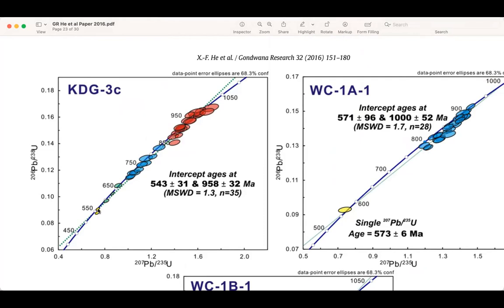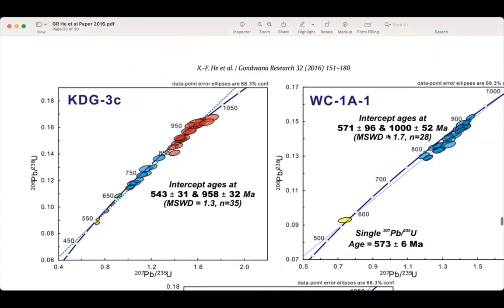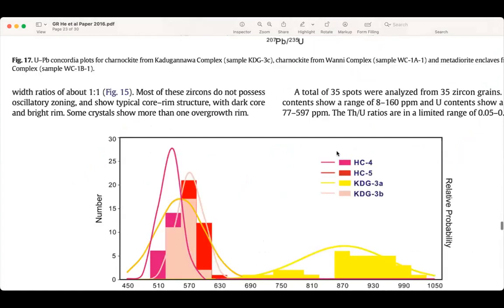These are the Discordia ages. The upper intercept always shows the original crystallization age, and the lower intercept gives the latest lead loss event. It may be a metamorphism, or another magma intrusion or magma mixing or reaction or whatever. It depends on the situation.